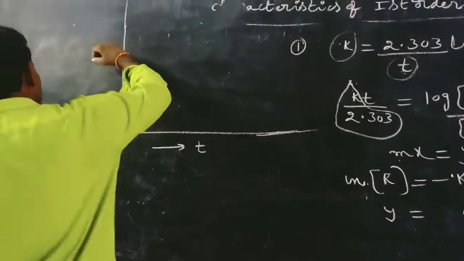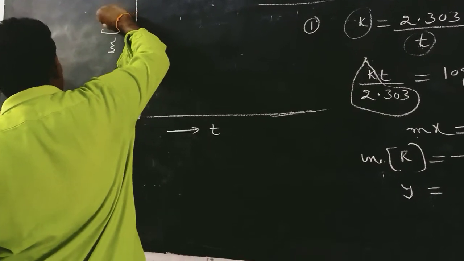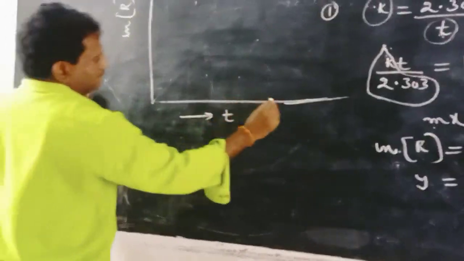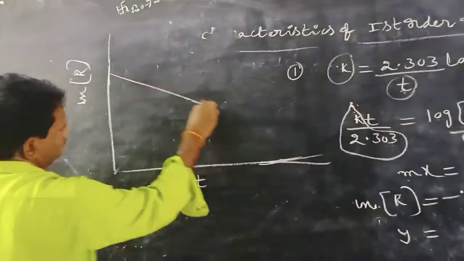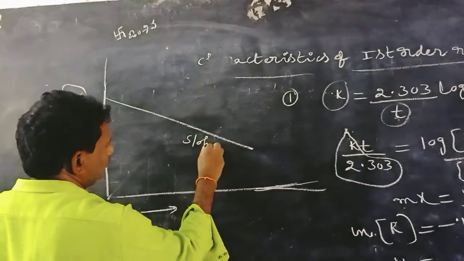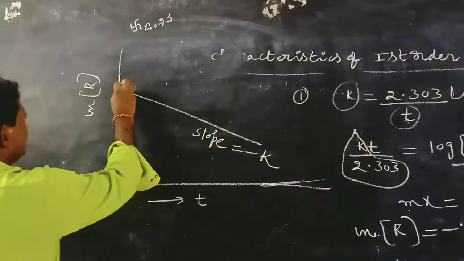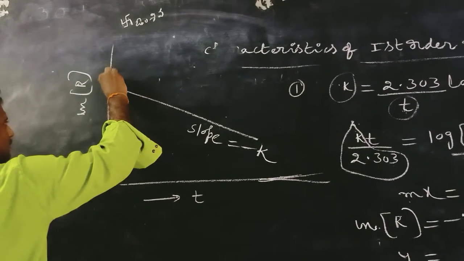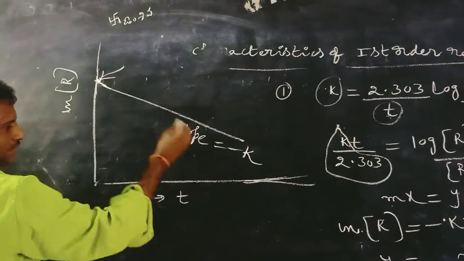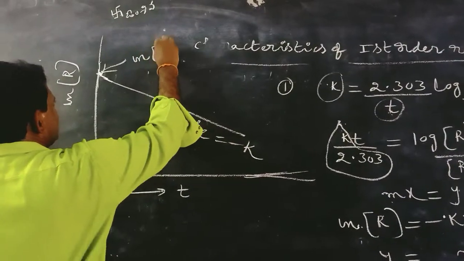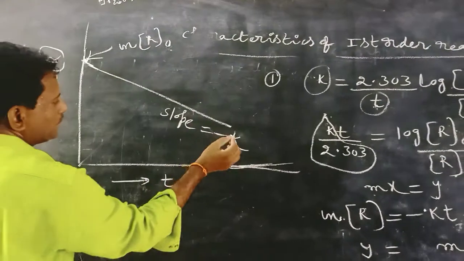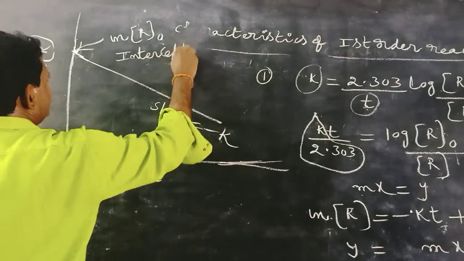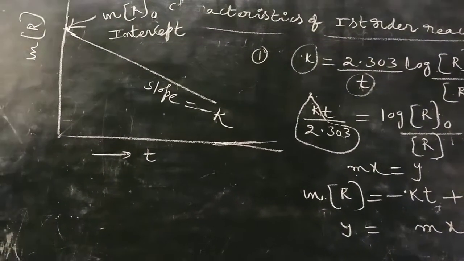The slope is equal to -k, and the intercept, where it cuts the y axis, is equal to ln [R]₀.